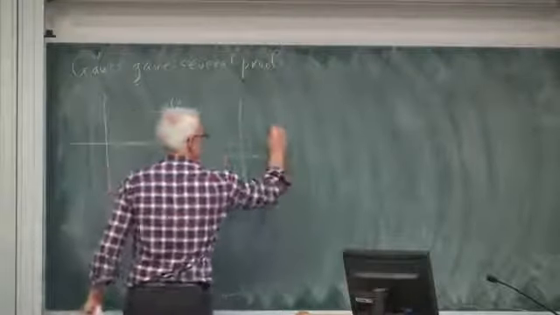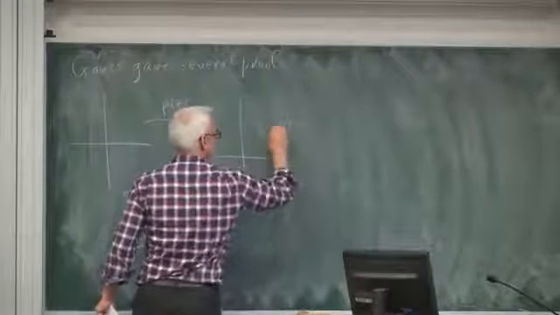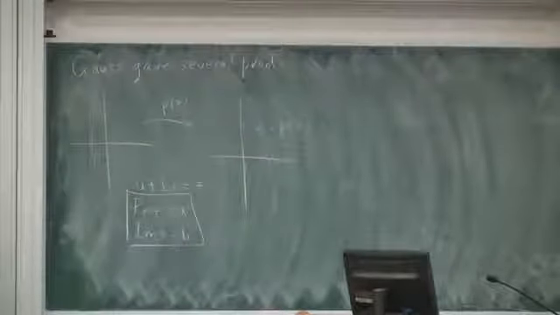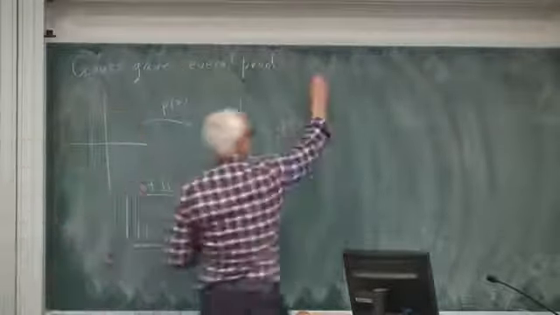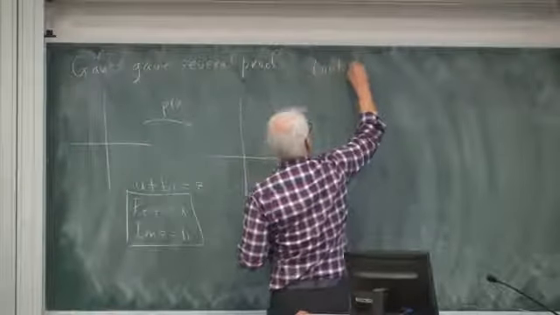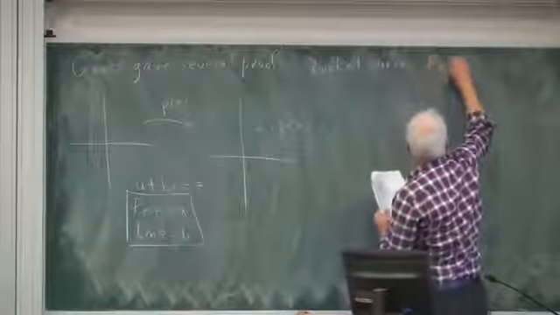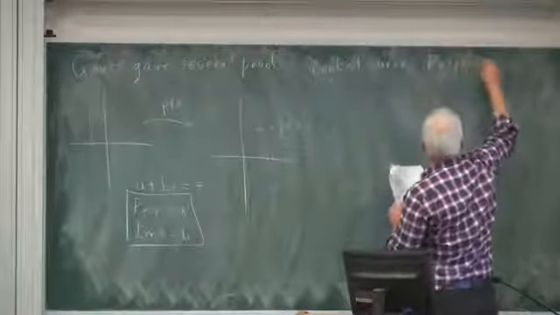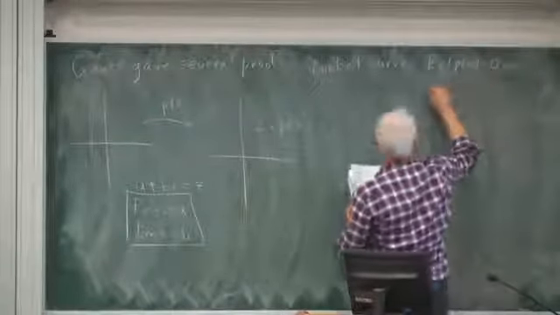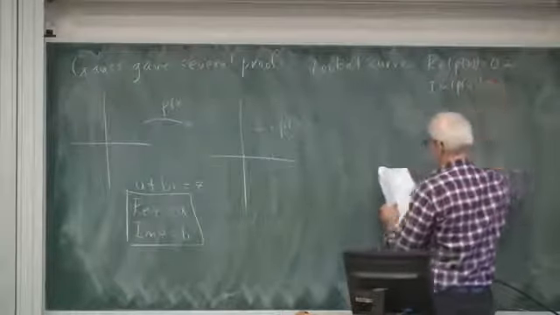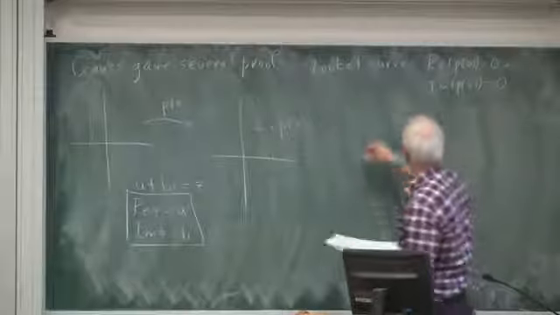So Gauss says, all right, let's look at the x and y components of p of z. Let's look at these curves: the real part of p of z equals 0, and the imaginary part of p of z equals 0. These are curves in the plane.